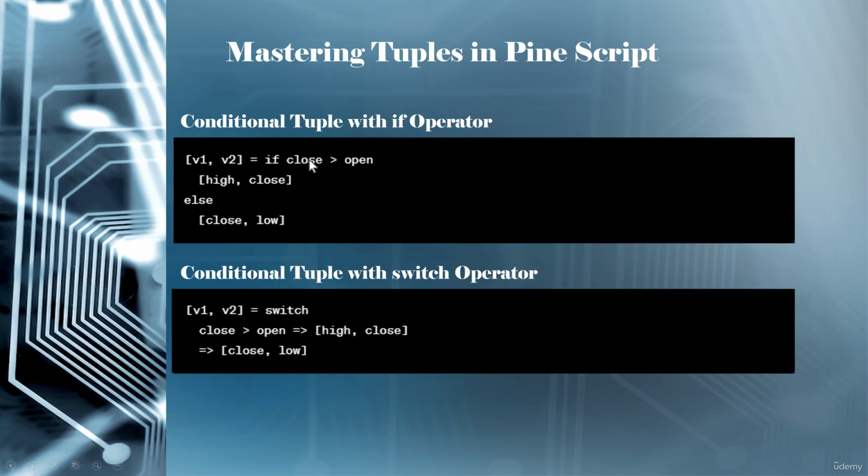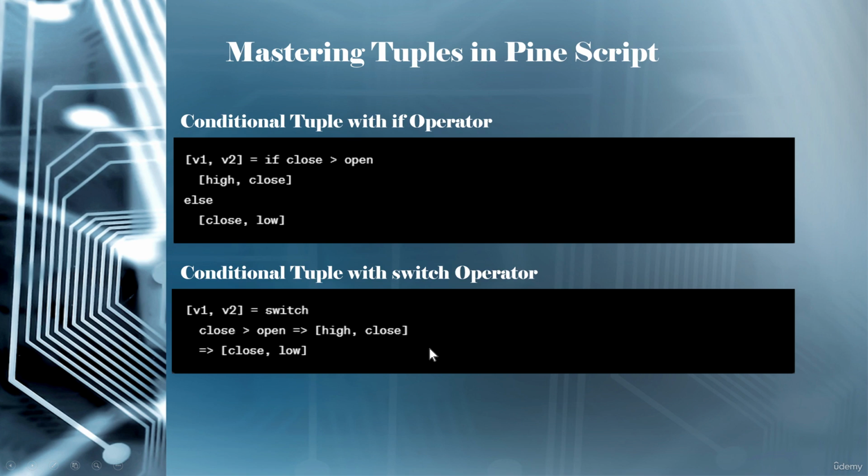So if this condition is true, if close bigger than open, then tuple consisting of v1 and v2 will get assigned values from tuple high and close. In other words, v1 will get assigned value of high, v2 will get assigned value of close. If this condition is false, then v1 will get assigned value of close and v2 will get assigned value of low. So this is how you use conditional tuple with if operator.